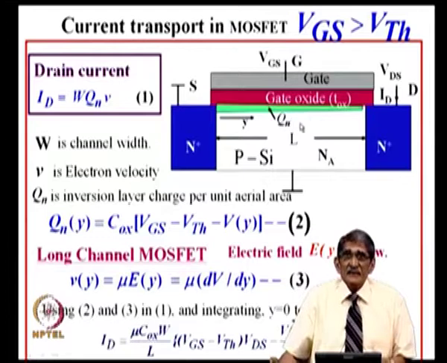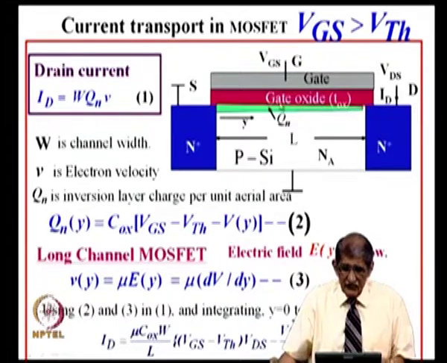Immediately you have plus voltage here and this is connected to the drain, all through there is an inversion layer. Therefore, depending upon the voltage that you apply, there is current flow from the drain to the source due to flow of electrons from source to drain. So, the source is the supplier of the electrons.